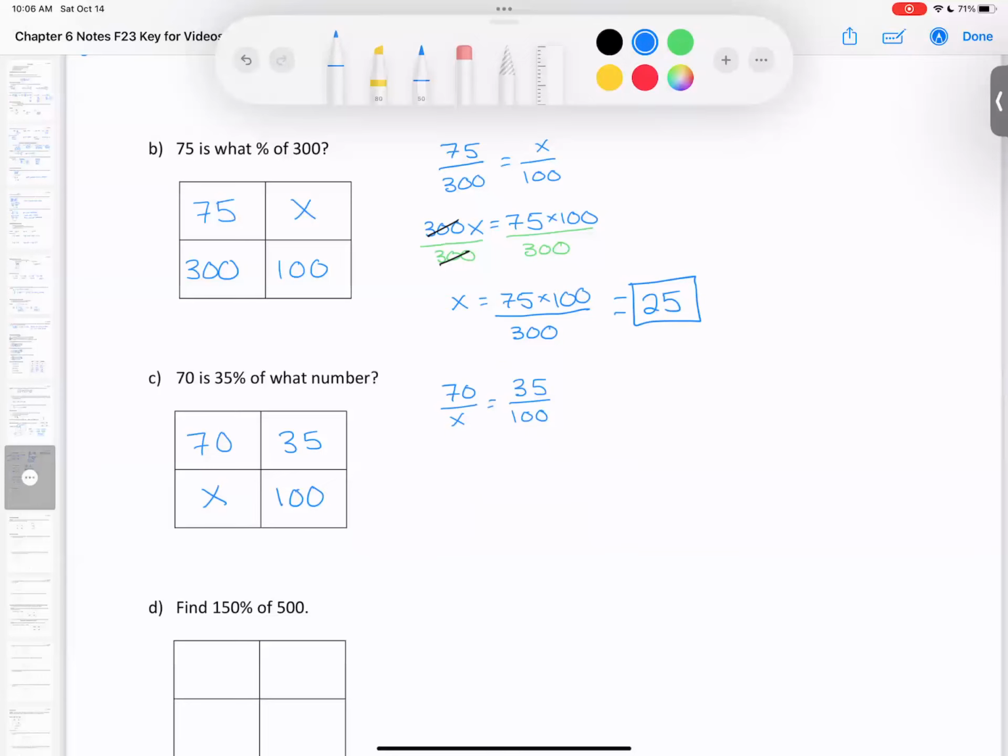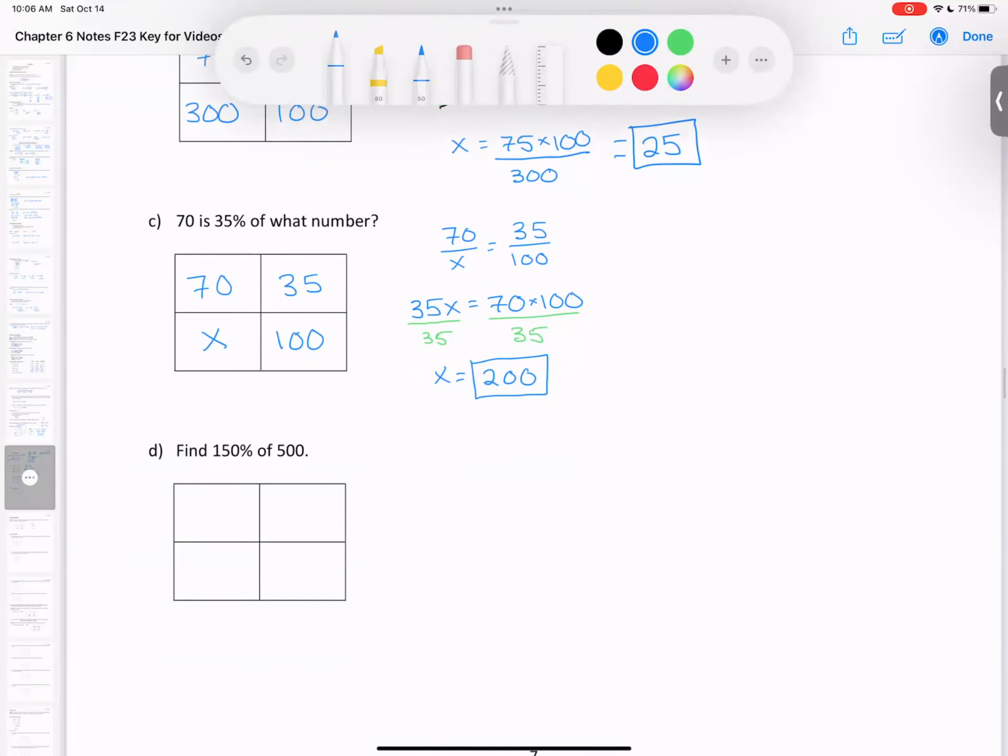And so if we do the cross product there, we're going to have 35x equals 70 times 100. And now we want to know what just x is, so we're going to divide both sides by 35. And we get x equals, so let's do that on our calculators, 70 times 100 divided by 35, and I get 200.